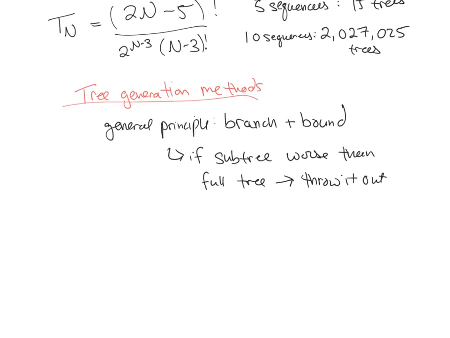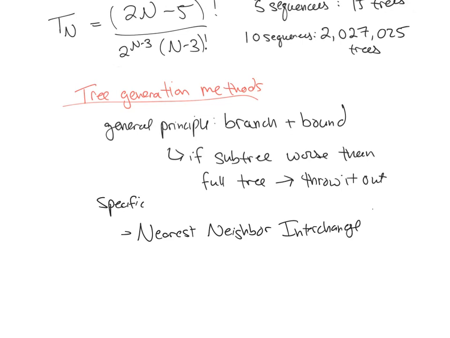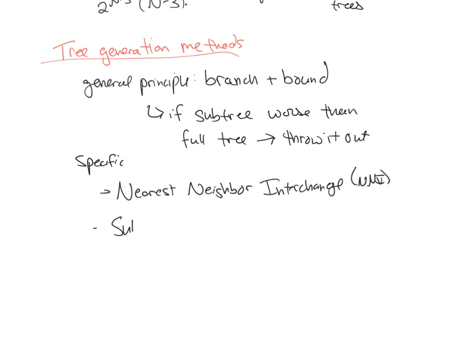And then the more specific techniques include things like nearest neighbor interchange, abbreviated NNI. This just says you take two edges that are close to each other, two branches, and you switch them. Now you have a new tree. You have subtree pruning and regrafting, SPR.